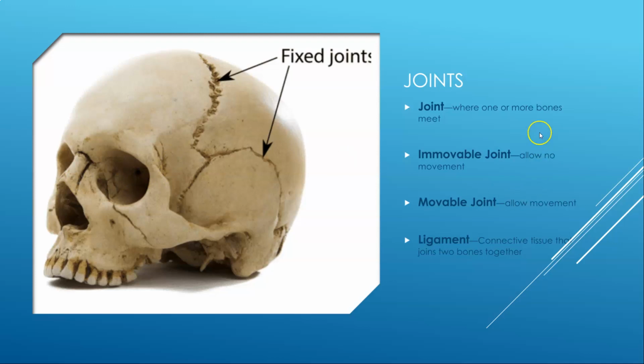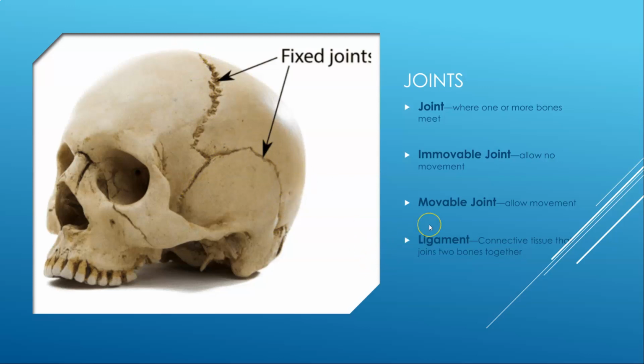When two or more bones meet, it's called a joint. These joints can be immovable, which allows no movement, like the skull. The skull is a bunch of bone plates that are joined together, and these don't move. You can see the fissure marks here. This is where the plates meet, and those are the immovable joints.